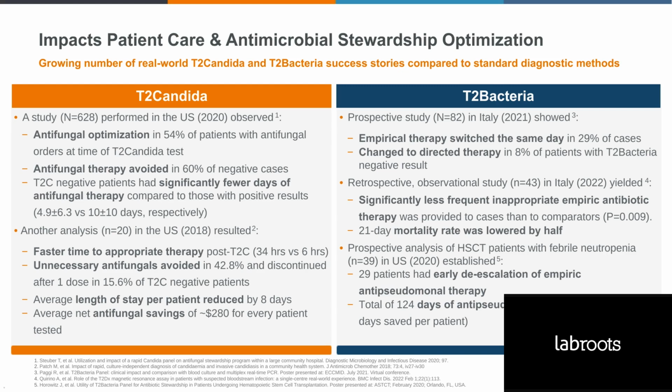Across hospitals, we note reduction in ICU and hospital length of stay, faster initiation of targeted therapy, as well as discontinuation of antimicrobials and hospital savings. In the interest of time, I'm not going into the details, but you can see certain recently done prospective and retrospective studies noted on these slides, which demonstrate this. And these studies have been done in the US and out of the US.